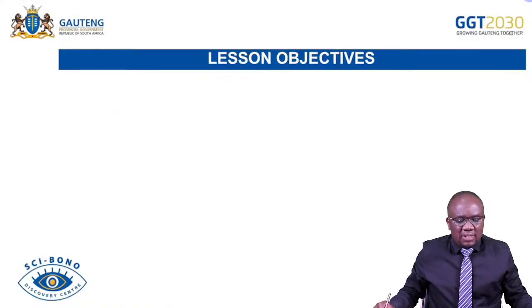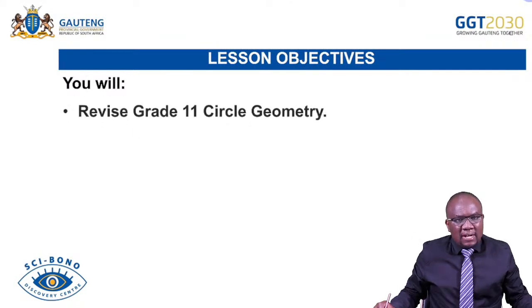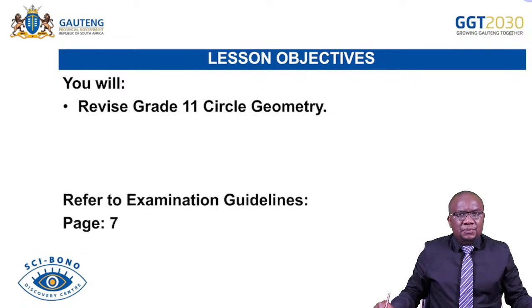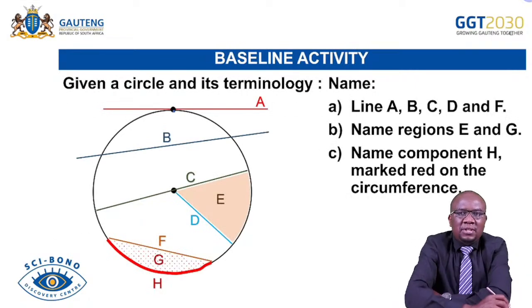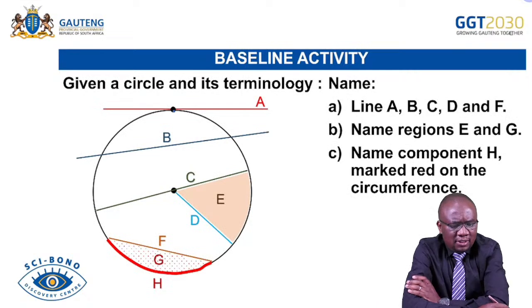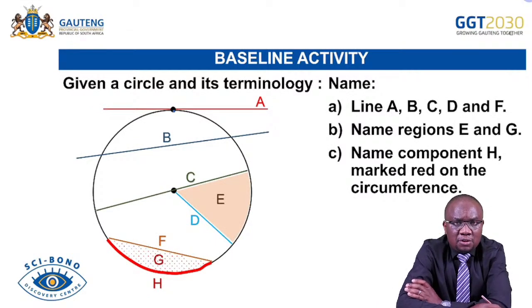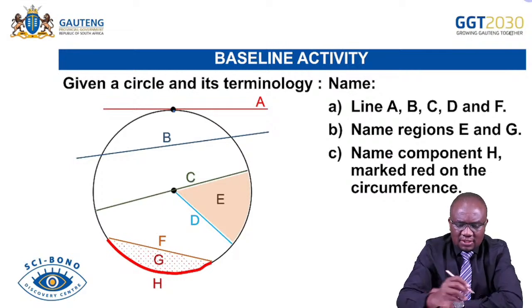What are we going to do today? You will revise grade 11 circle geometry. Right, let's go straight to a small activity. Do you remember the components of a circle and its terminology in circle geometry? I want you to answer this.